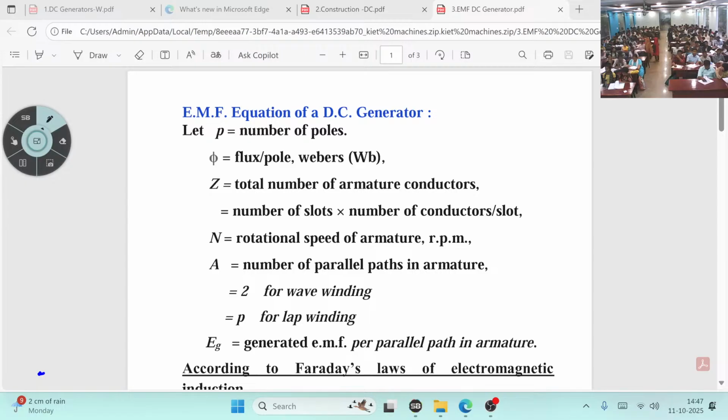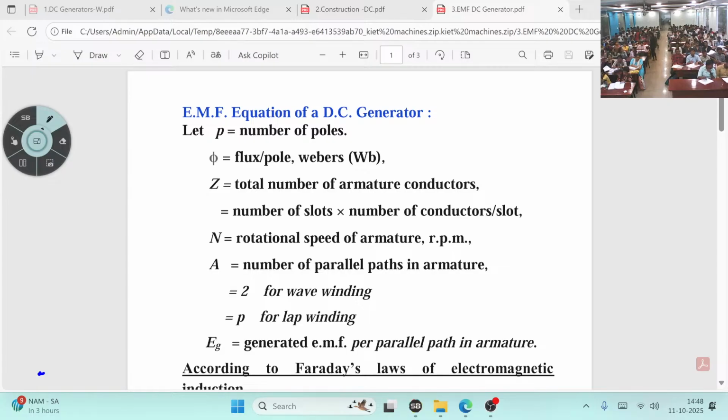Generally, a rotor has rotor conductors, and these rotor conductors are wound in a specific manner. That is in 2 ways: one is lap winding, second one is wave winding.